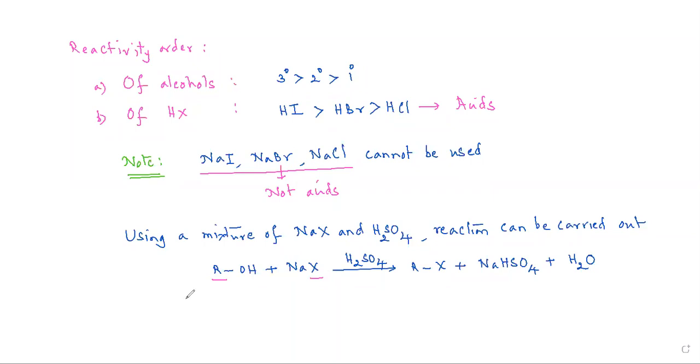Alkyl halide. Sulfuric acid can be taken as, of course, this way, so that we can remove a water molecule. Then the remaining thing is sodium bisulfate. Okay.